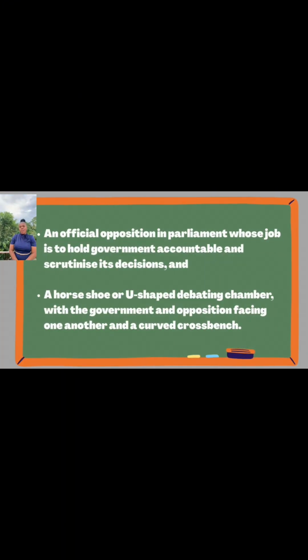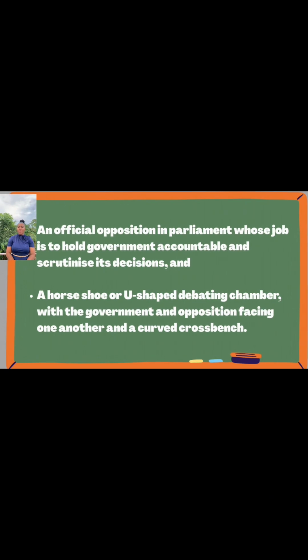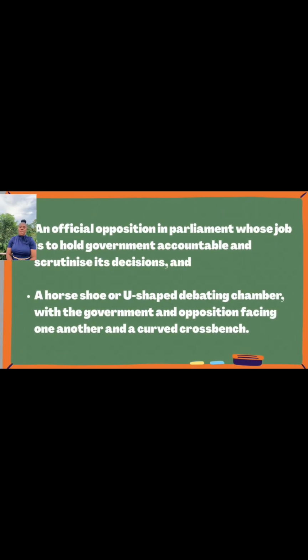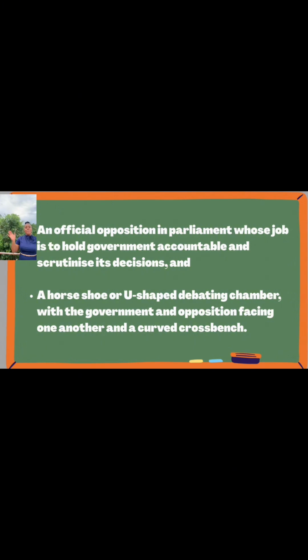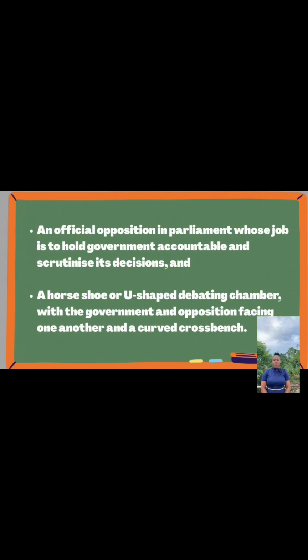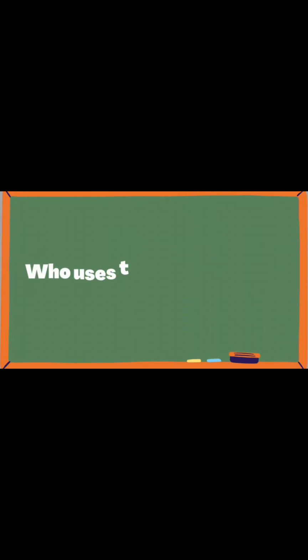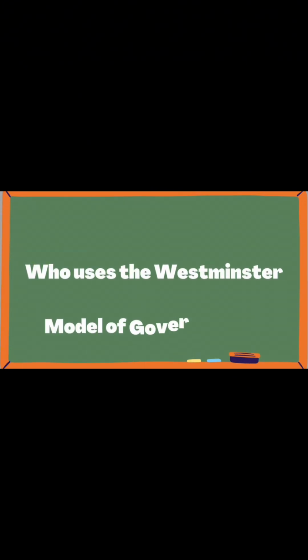Number 6, an official opposition in parliament whose job is to hold the government accountable and scrutinize its decisions. And number 7, a horseshoe or U-shaped debating chamber with the government and opposition facing one another and a curved crossbench.